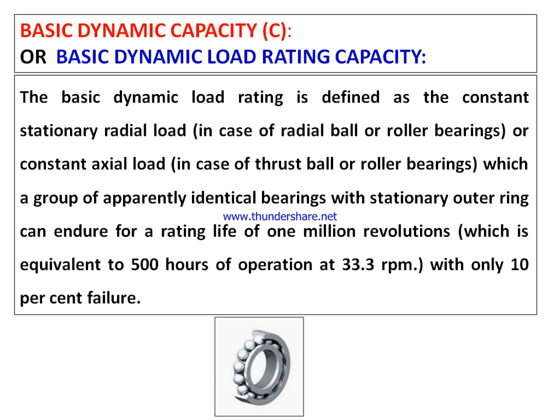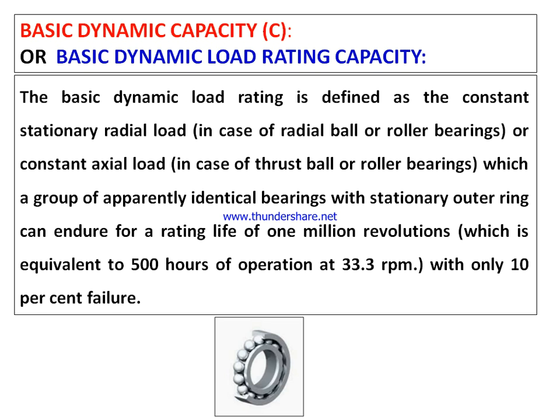So let us look again at the meaning of the basic dynamic load capacity. The basic dynamic load rating of a rolling element bearing is defined as the constant stationary radial load or constant axial load, as the case may be, which a group of apparently identical bearings with stationary outer ring can endure for a rating life of 1 million revolutions.